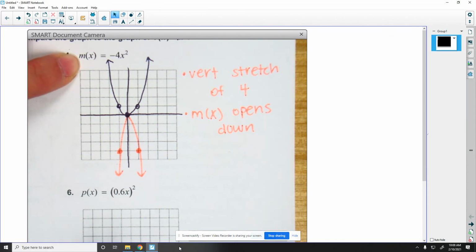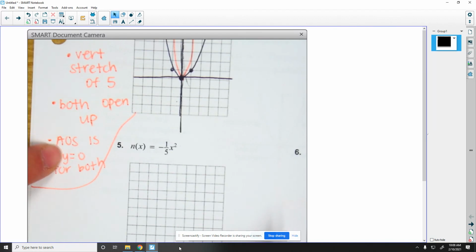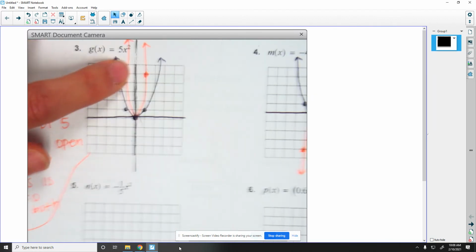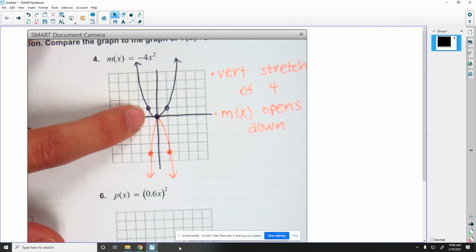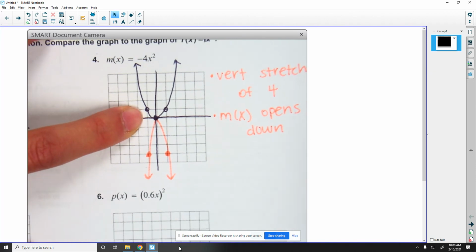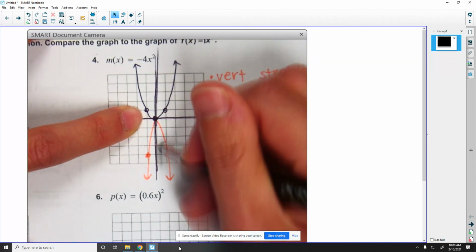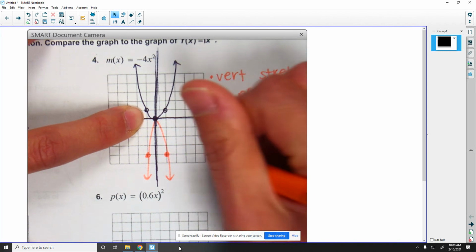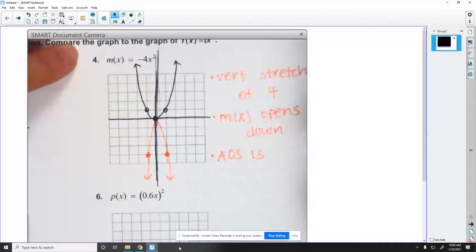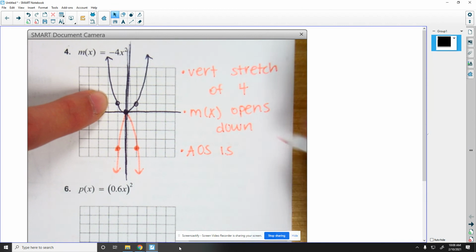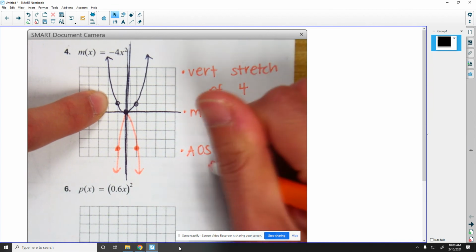Okay, the next thing we talked about was the AOS. It was the same for both of them here. Is it still the same for both of them here? Yeah, right. Your AOS is still at this thing. So what is the AOS? Y equals 0 for both.